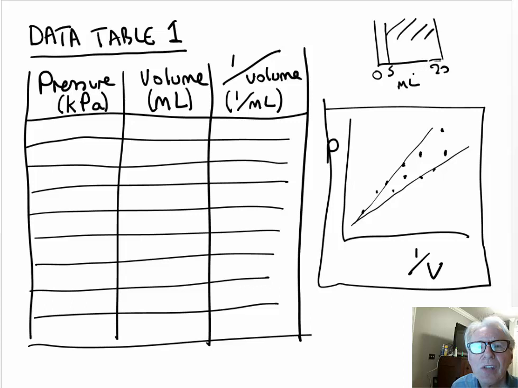If you look at your final product, it's going to be 1/V. That's changing it from a linear scale. So even steps on the linear scale will not be even steps on the 1/V scale.